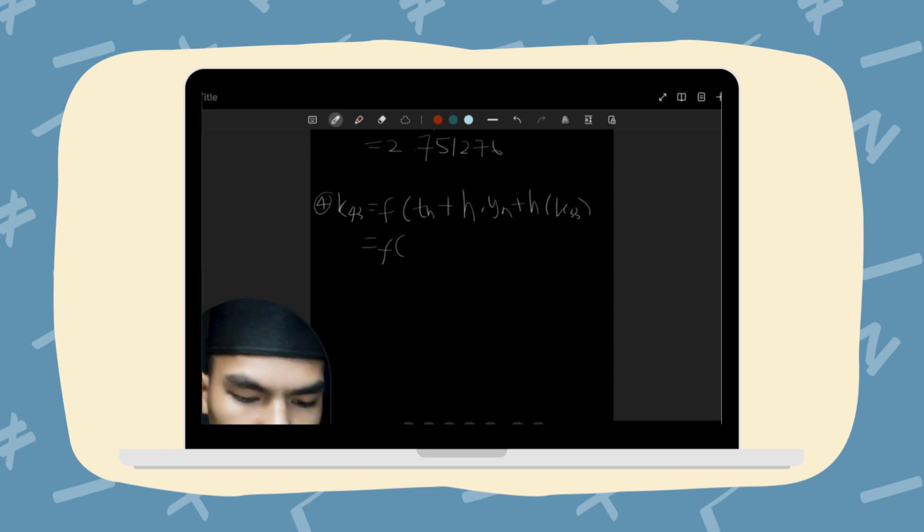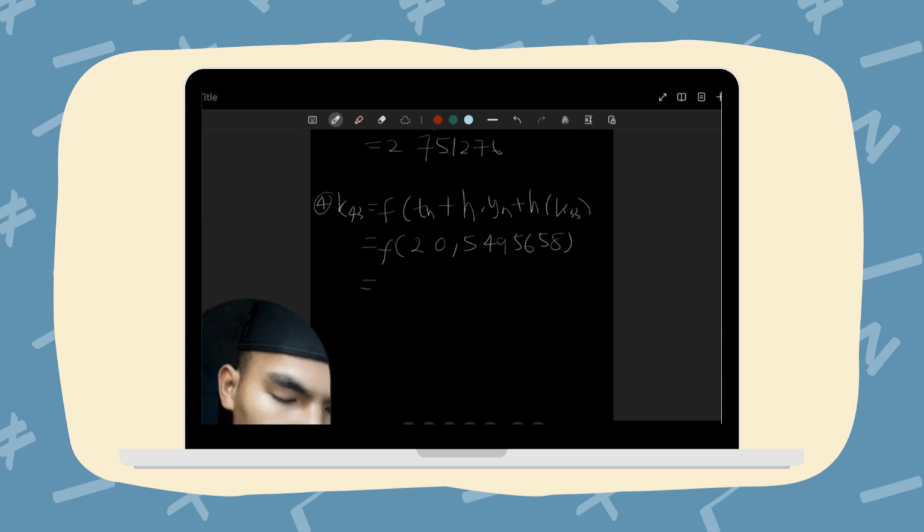Okay, next we put in 1.5 plus 0.5, total here 2.0. yn, 4.120020 plus 0.5 multiplied by 2.751276, total here 5.495658.